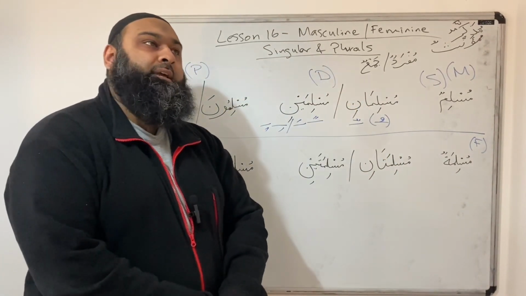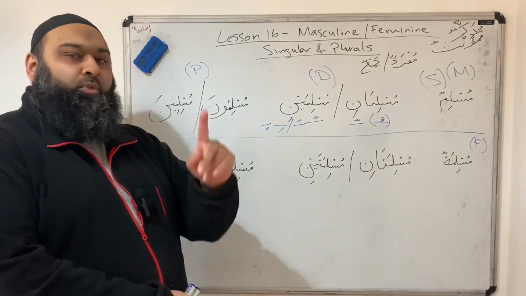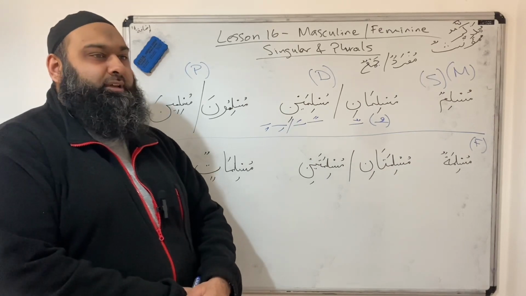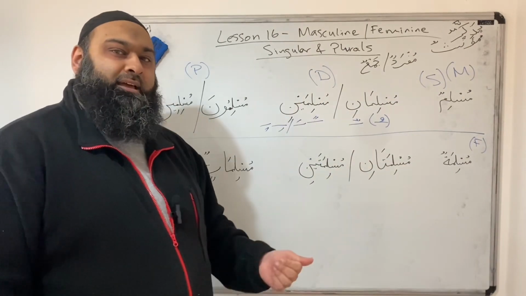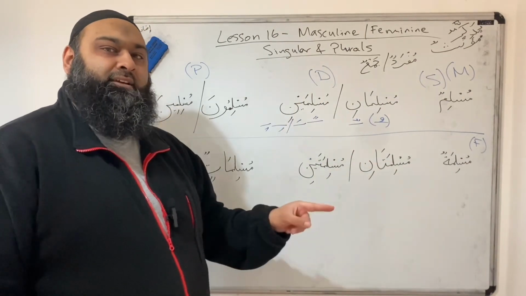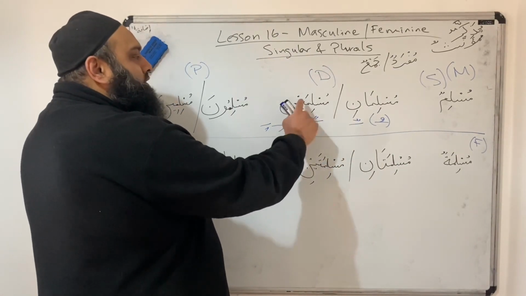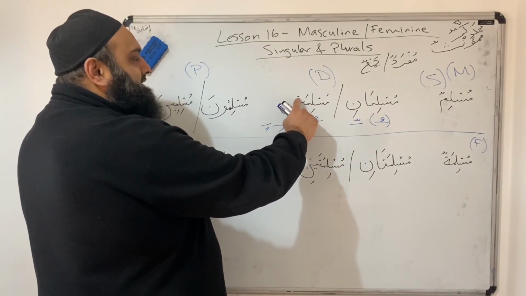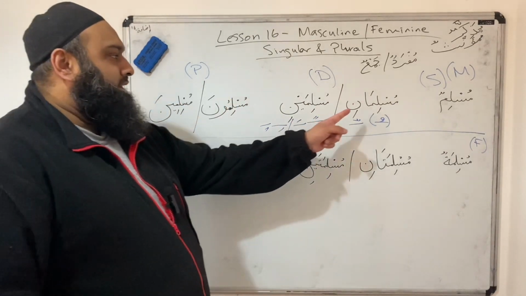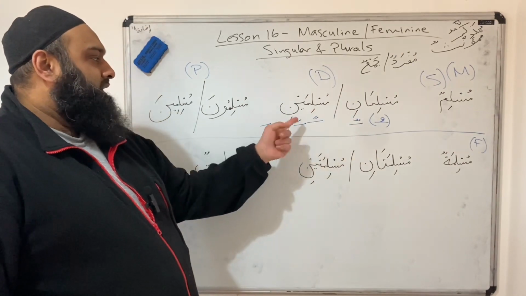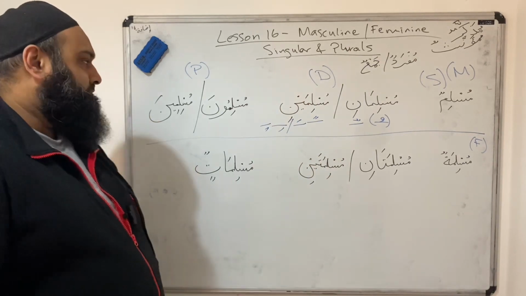Remember when we did the plurals, Madi and Mudari, especially Mudari, we had yaf'alu, yaf'alani. Alif noon was added, remember? That's the same thing. So alif noon, or ya noon with the fatha before it and then a sakin, is the sign that it is two people. Noon has a kasra there, and the fatha and the ya is a sign that it is two people.